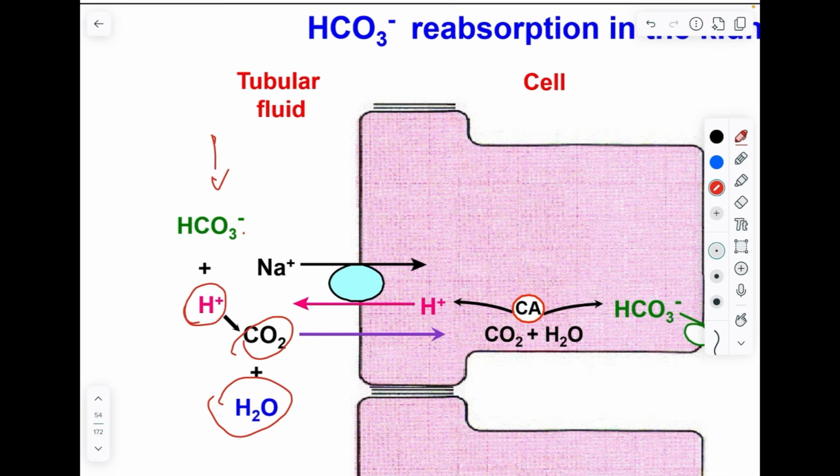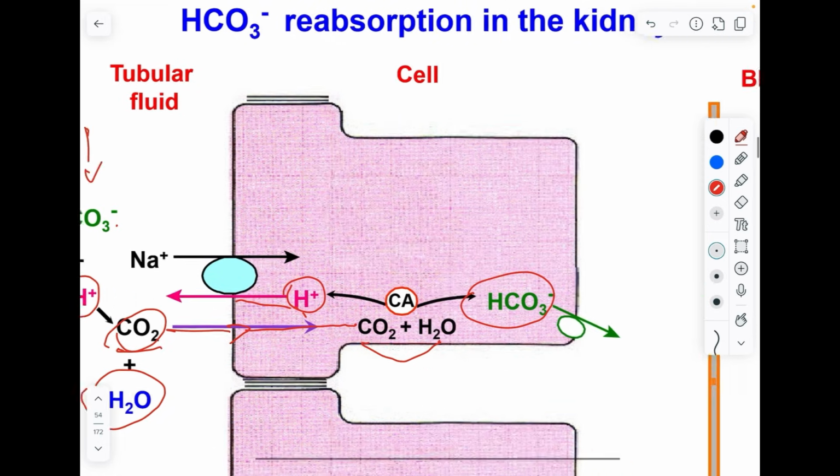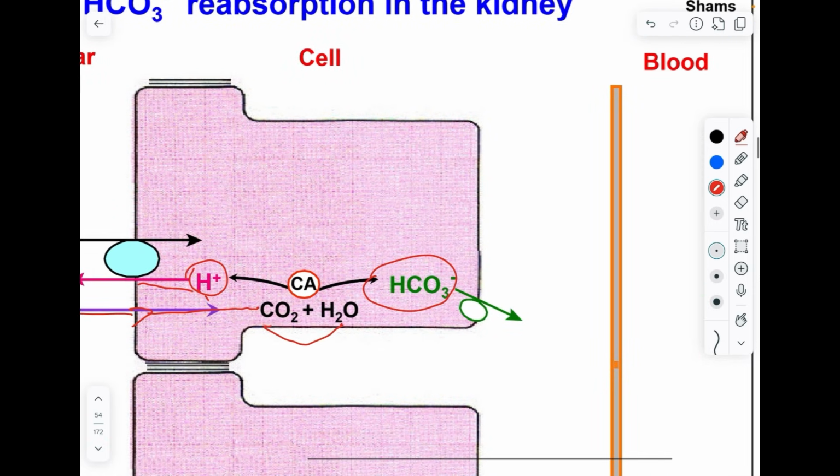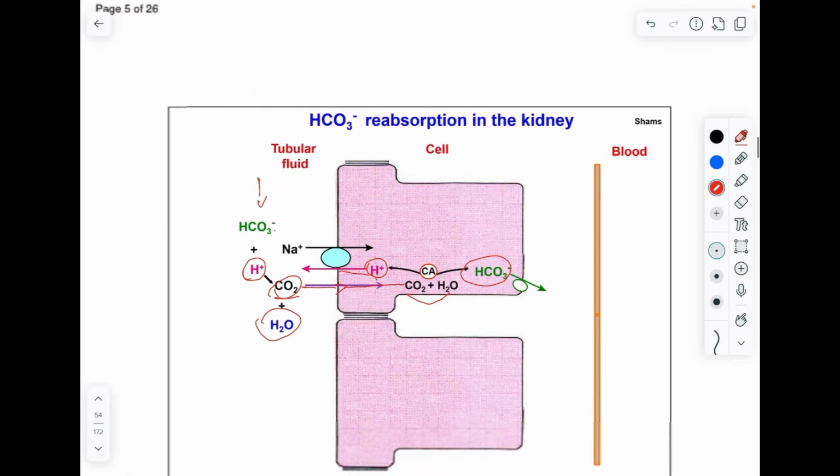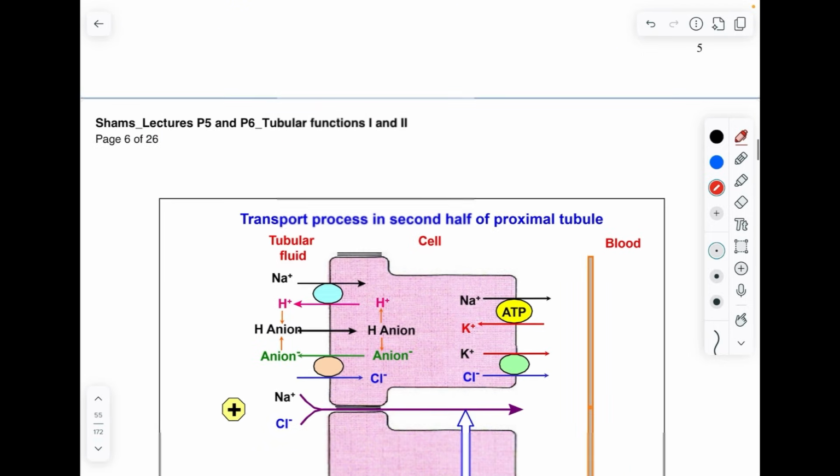Water will be reabsorbed normally, as you know, and CO2 is permeable to the cell. It goes into the cell, and then it reacts with water, gives us H plus and HCO3. H plus goes to the Na-H pump that we have all over the cell, and bicarbonate then goes out. Sometimes it's a channel, sometimes it's a transporter, but do not focus on that.